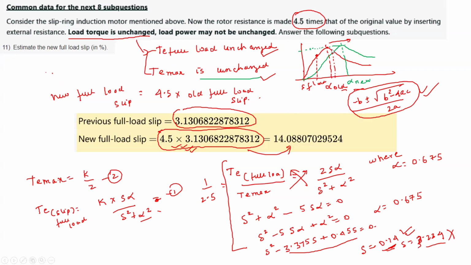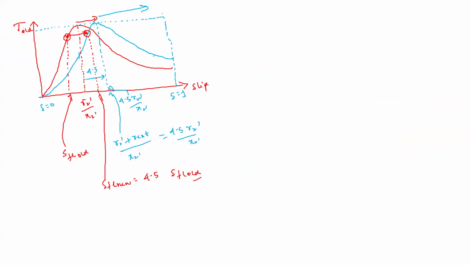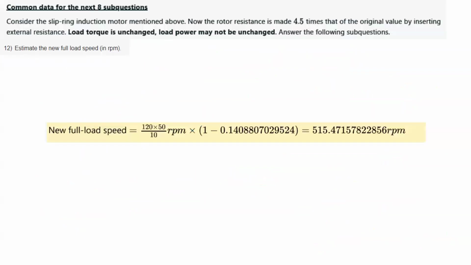It will be something like 80% full load, 90% full load. It can be anything in the question. So the factor by which the slip at maximum torque is getting shifted, by the same factor the shift will be observed in the other slip values also.